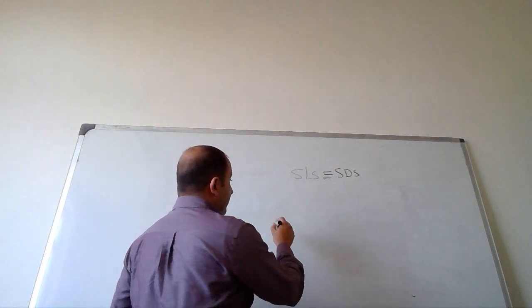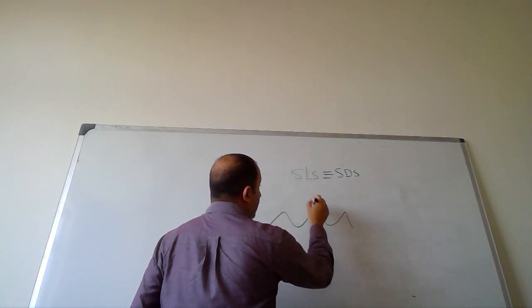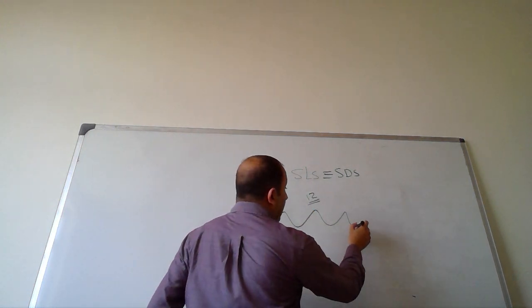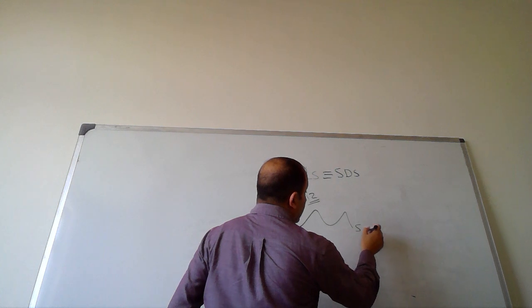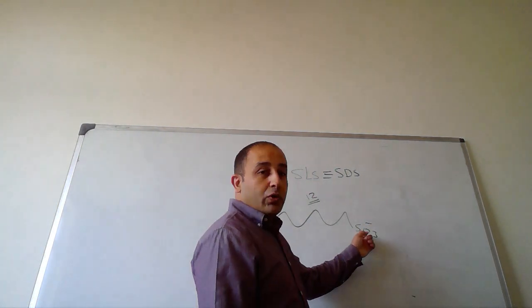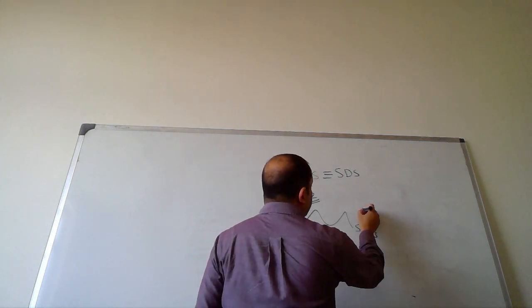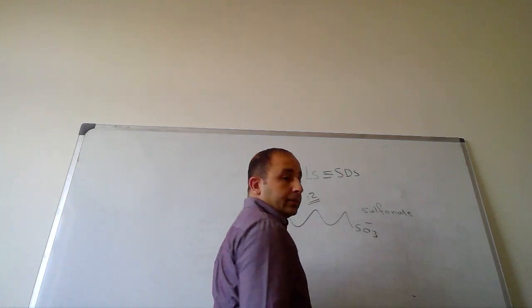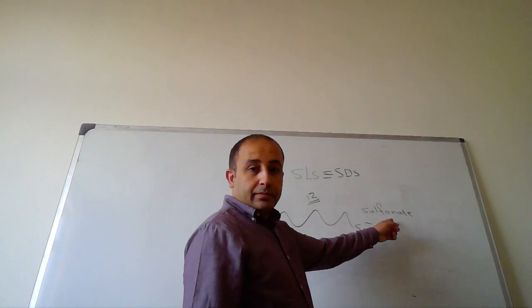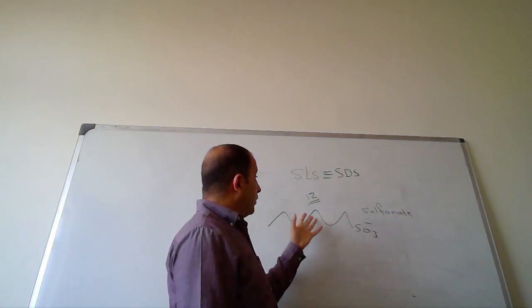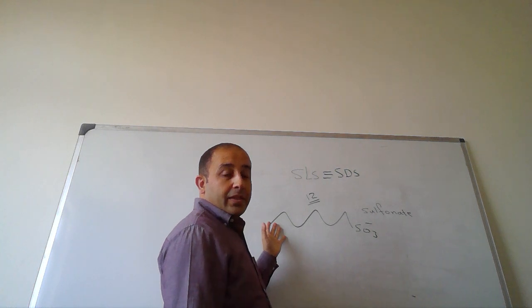Now, sodium lauryl sulfate is a hydrocarbon of 12 carbon atoms, and we have SO3 minus, which is the sulfonate. You can write it with F in American style or PH in British style. So we have a sulfonated 12-carbon chain.